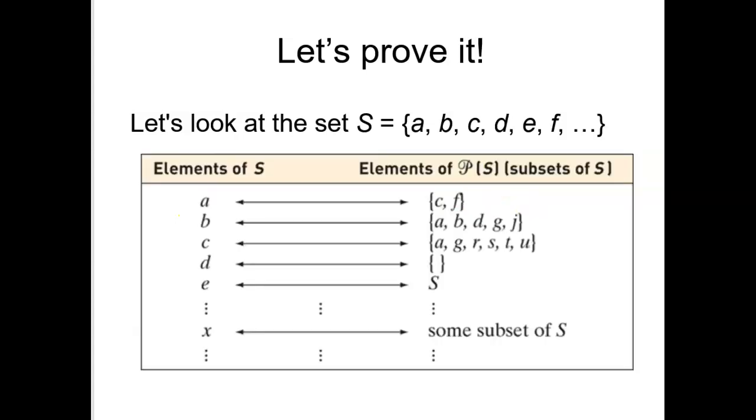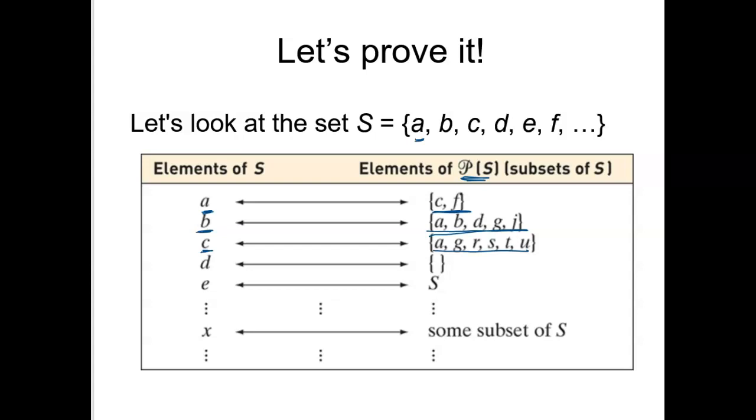Okay, so this has the element A, and we just pull out of a barrel this subset. Doesn't matter which. And then the element B, and we pull out of the barrel this subset. And the element C, and we pull out this subset. So to see that the power set's cardinality is greater, we have to show how to construct some subset of S that doesn't exist here.